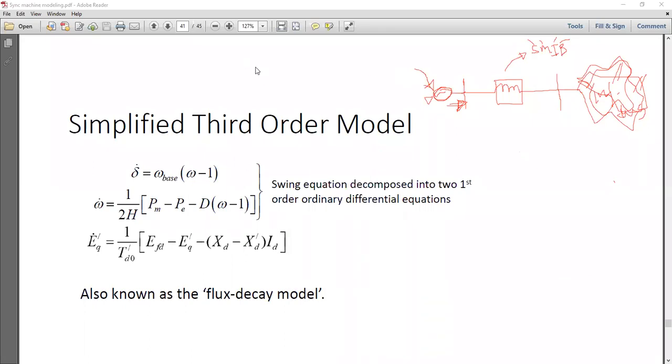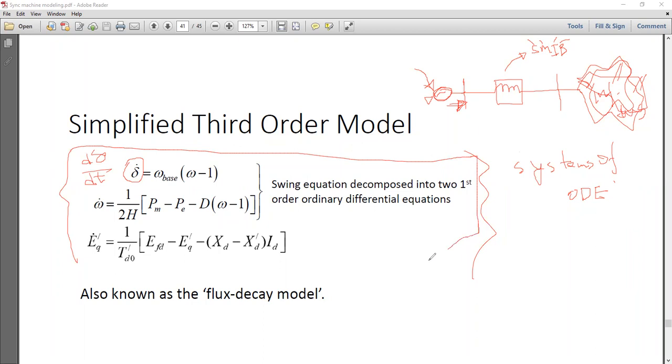These three equations give us this system of ODE. ODE stands for ordinary differential equation, because you can easily see that the derivative term is like d delta over dt. There is no partial operator, so it's not a PDE, rather it is an ODE. So this sort of equation, how do you solve it? Any idea?